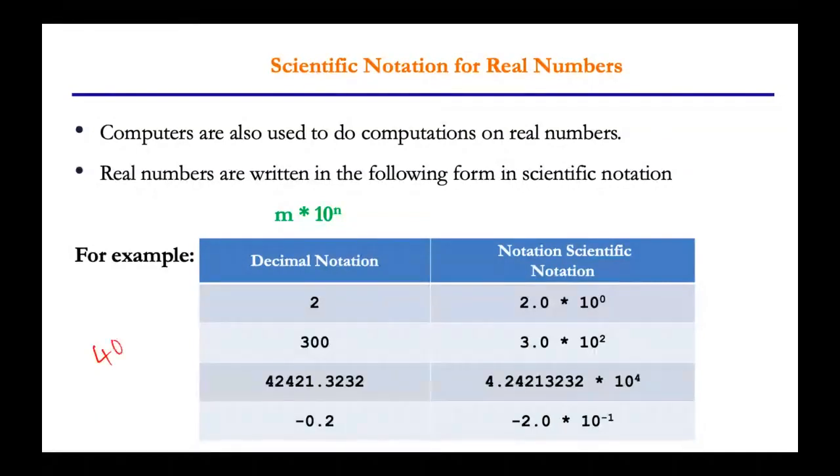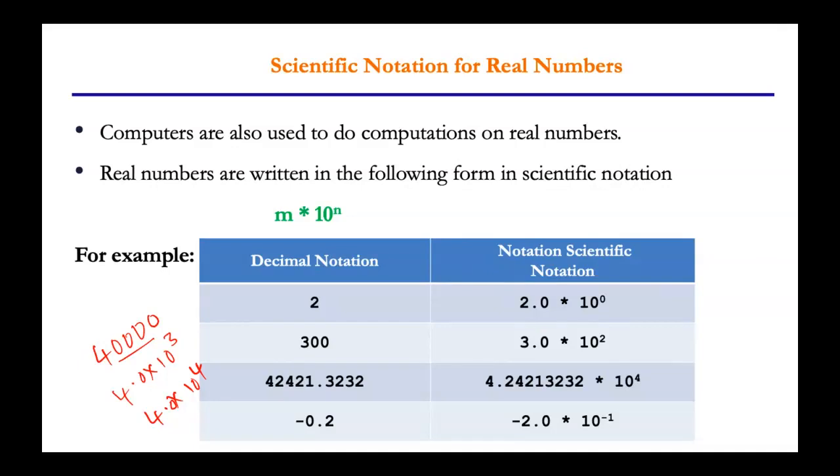Suppose I have 4,000. The 4 is at the 1,000 position. It can be written as 4.0 into 10 to the power of 3. If I have 40,000, it can be written as 4.0 times 10 to the power of 4, and so on.